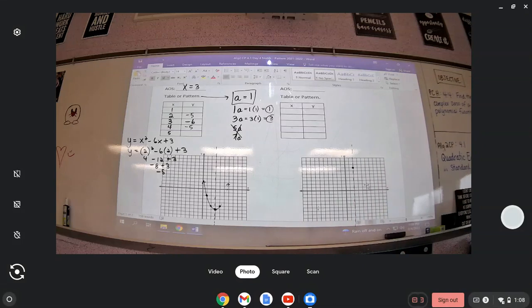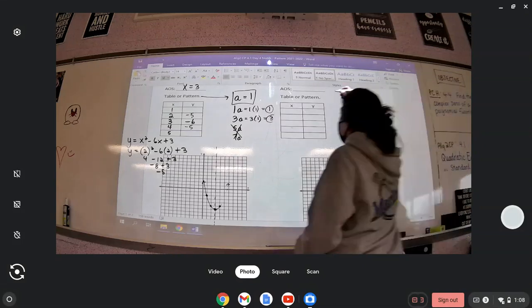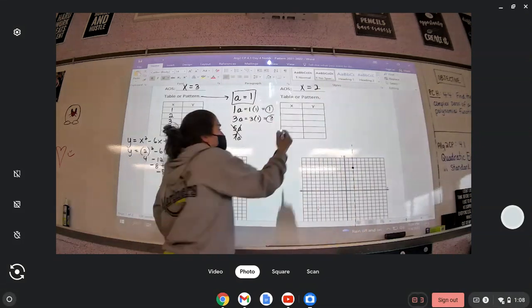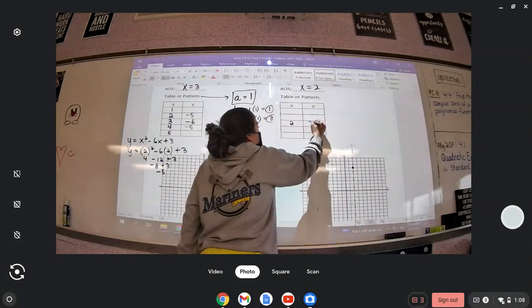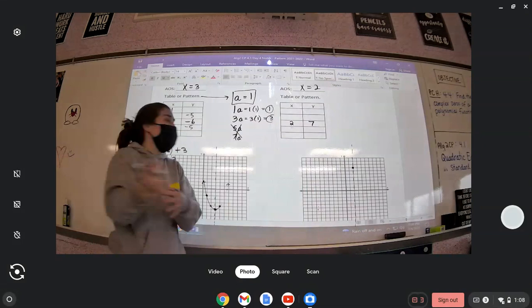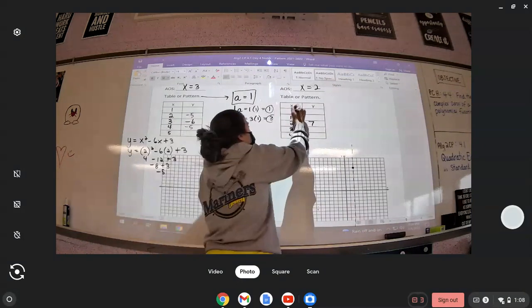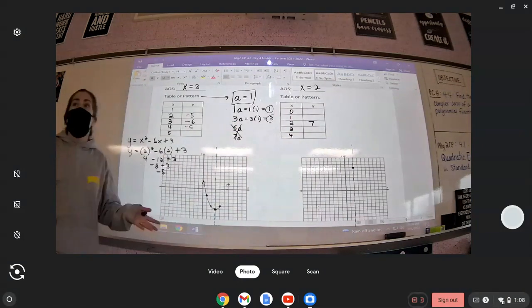Anybody know what the equation of that AOS is? X equals 2. And now, if you were a table person, I would advise you to put it in the middle and then pick 2 x's to the right, 3 and 4, and pick 2 x's to the left, 1 and 0, and then start plugging stuff in.